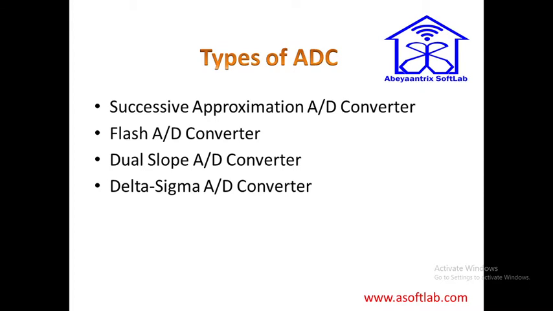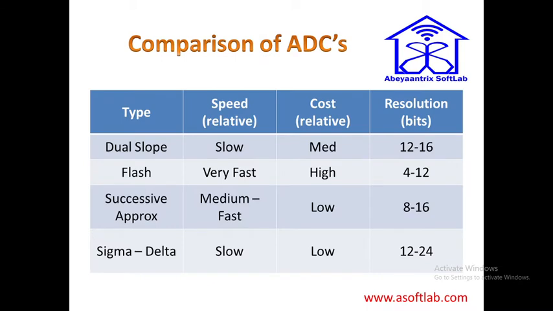Then we can go for successive approximation. Like that, if you want slower operation at medium cost and also high resolution, then go for the dual slope ADC converter. So based on your application needs, you can choose the particular type of ADC. Okay. Let's see the difference here.